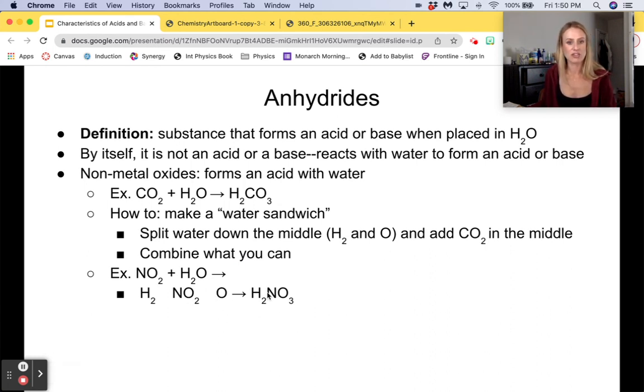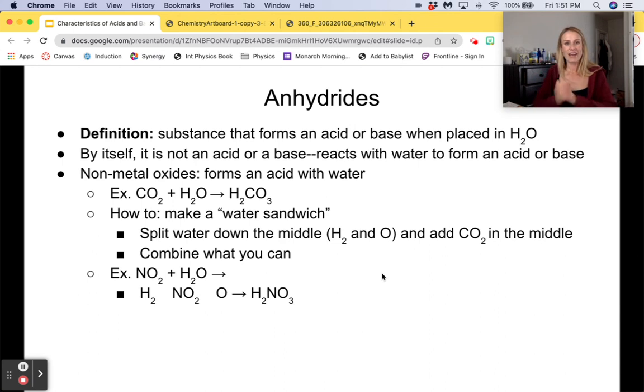And so I get H2NO3 for my product in that reaction. And that is those 2 anhydrides. So remember, when we have a metal oxide, it's going to form a base when it reacts with water, it forms that metal hydroxide. And then when we have a nonmetal oxide, it's going to form an acid with water, and you do your little water sandwich.